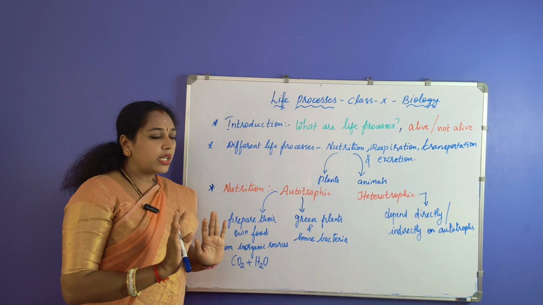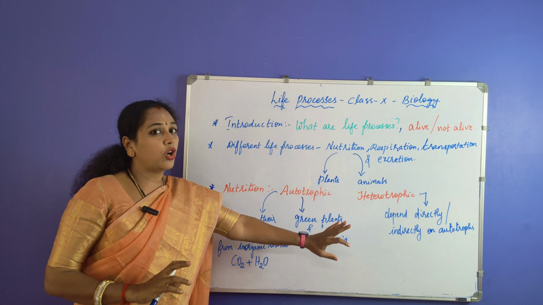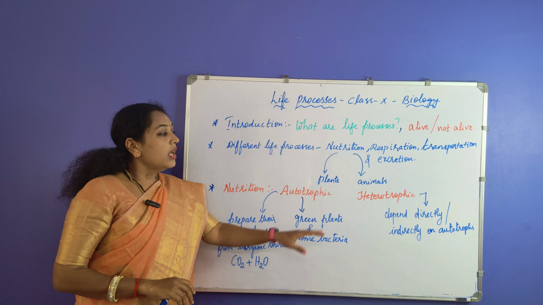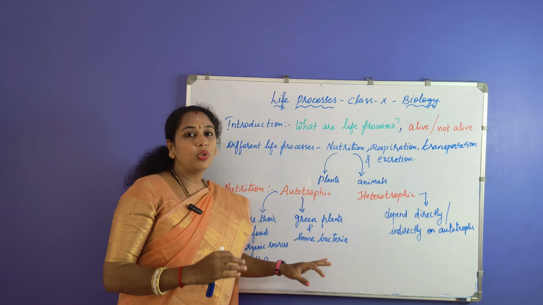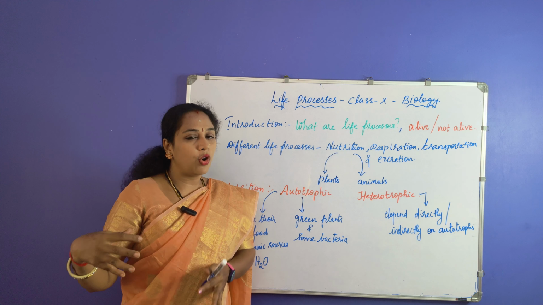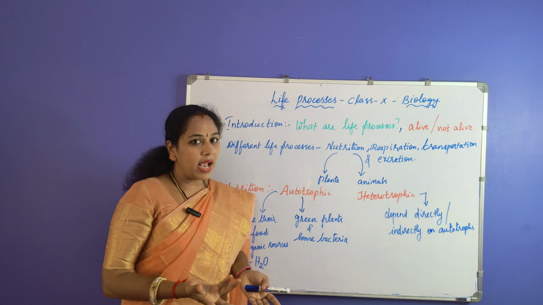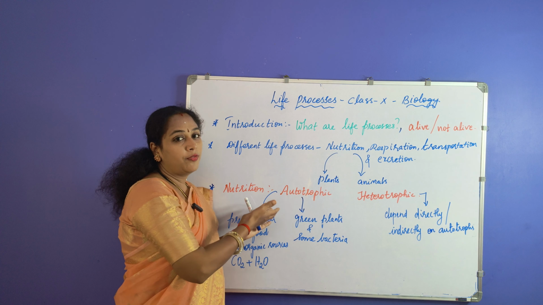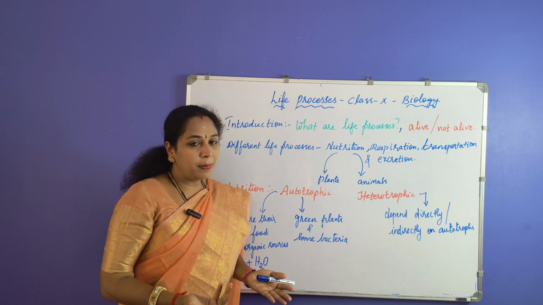So this is a basic introduction about autotrophs, and we'll also have a basic introduction about heterotrophs, and then we'll discuss in detail. Coming to the heterotrophic mode of nutrition, these are the group of organisms which depend directly or indirectly on the autotrophic organisms for their food source, because they cannot prepare their food.